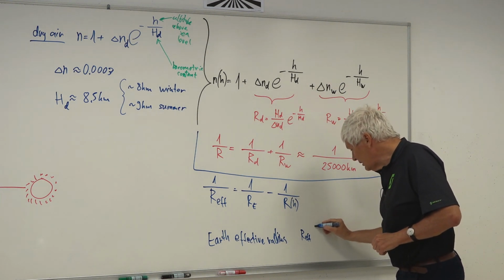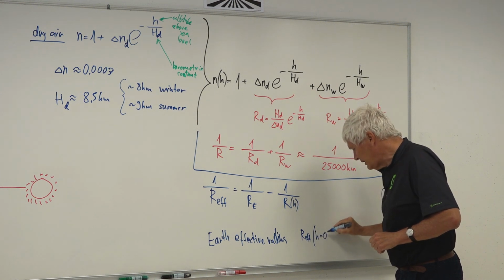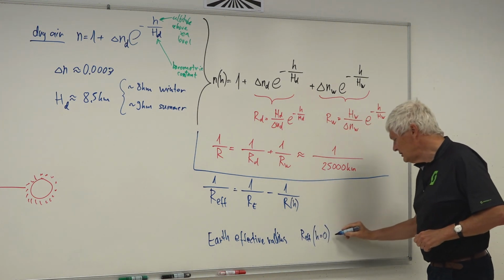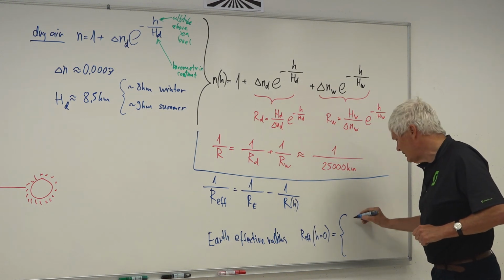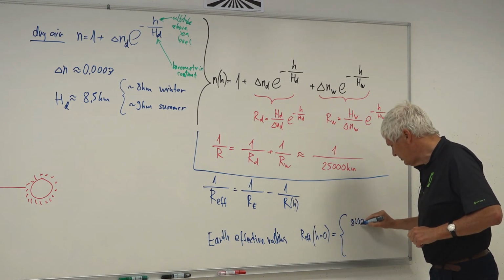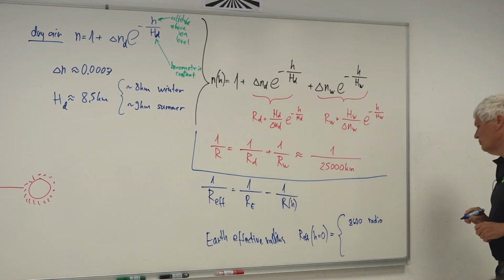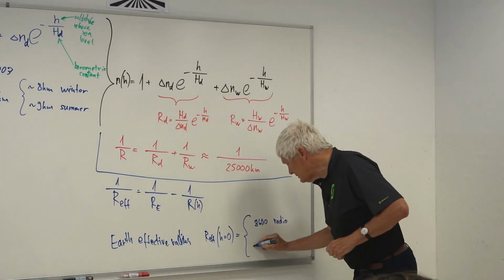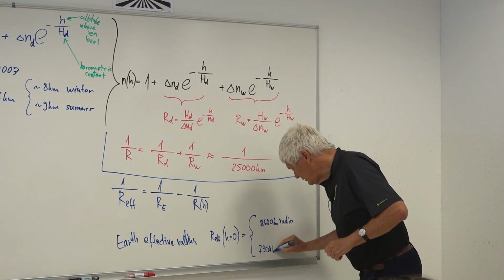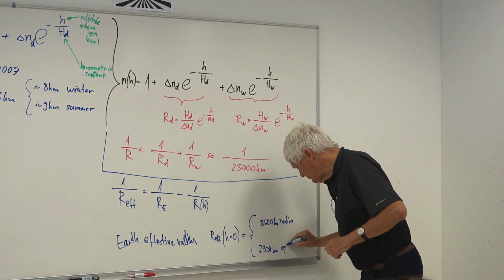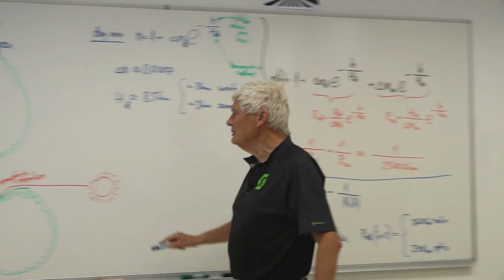I'm just noting now this effective radius for sea level, for h equal to 0. For h equal to 0, this becomes around 8,500 or 8,600 kilometers for radio. I don't know the exact figure, it also changes. But it's 7,300 kilometers for optics. It is no longer the 6,000 kilometers of the Earth.